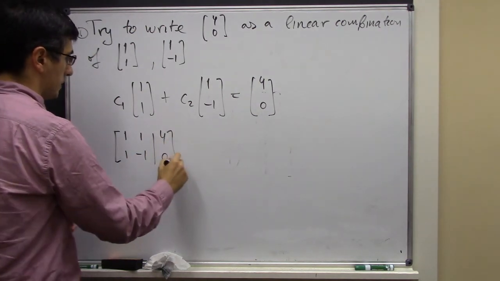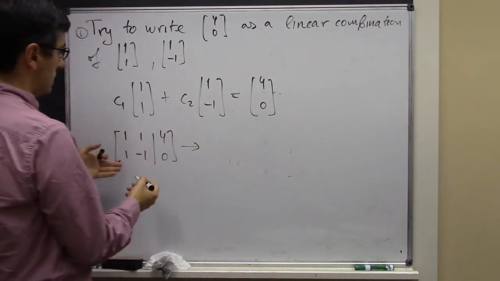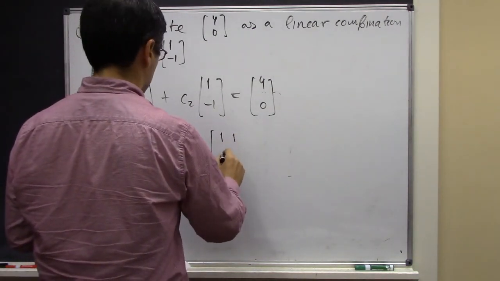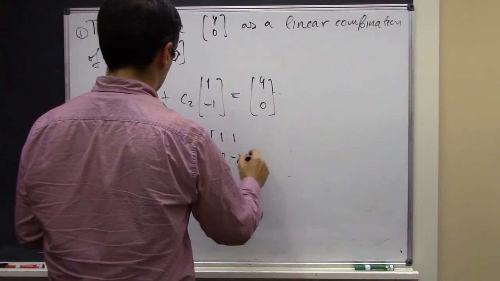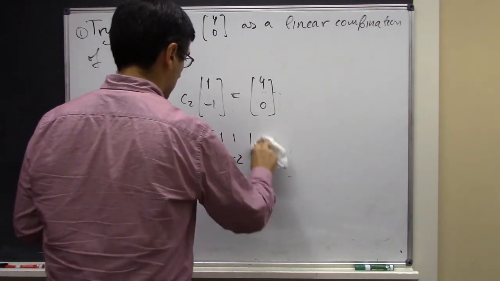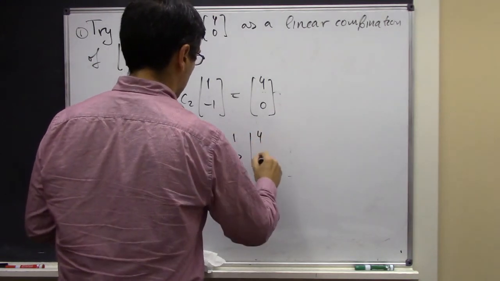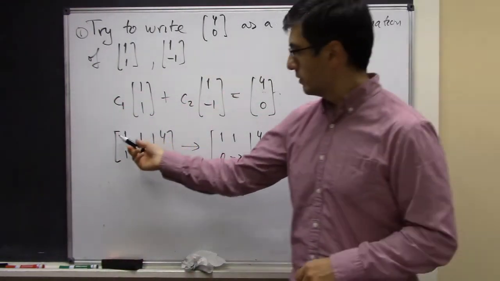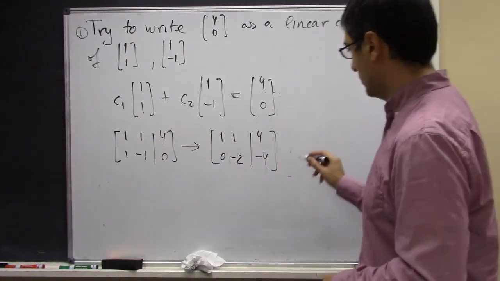If I subtract the first row from the second row, I will get 1 1 4, 0 -2 -4.